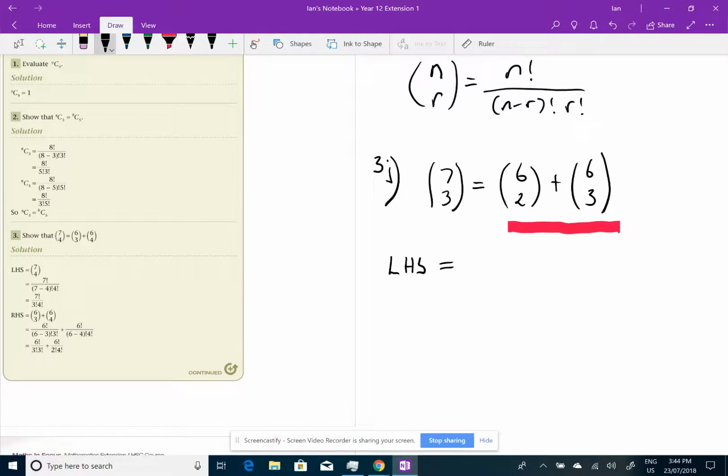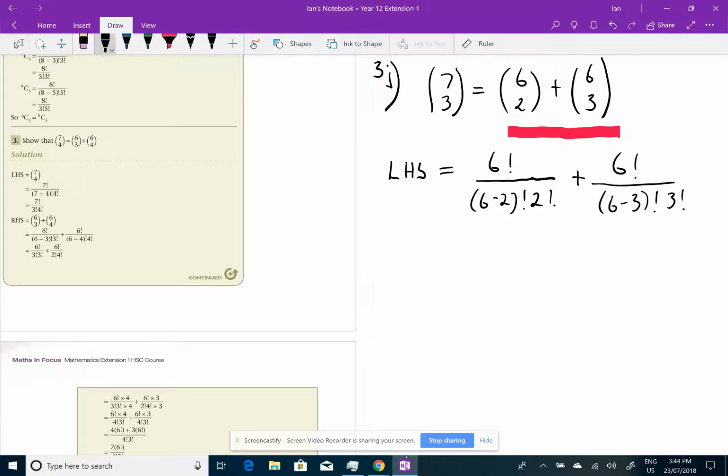So 6,2 becomes 6 factorial over 6 minus 2 factorial, plus here 6,3 is 6 factorial over 6 minus 3 factorial. Okay, so if I tidy up both of those, I get my 6 factorial.